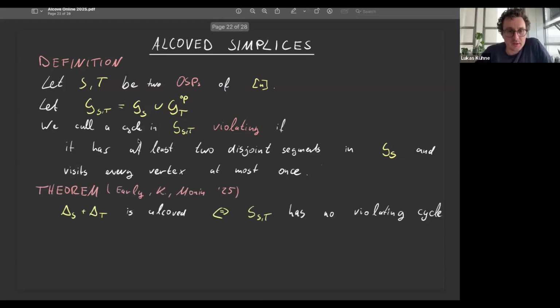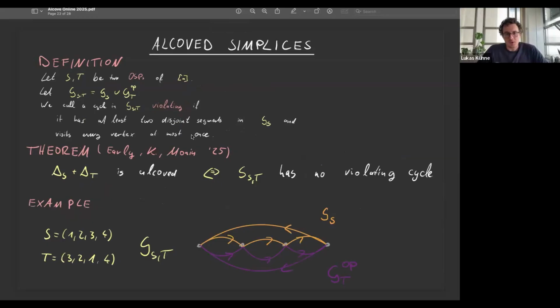And the result is that the polytopes are Alcoved if and only if we can't find such a cycle in our graph GST. So by looking at the cycles of this graph, we can decide whether the sum of these two simplices is again Alcoved.